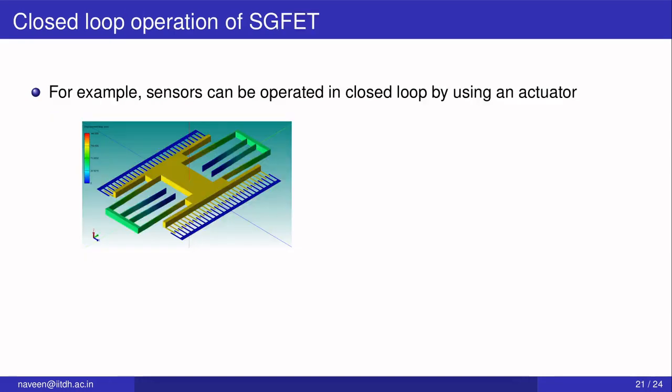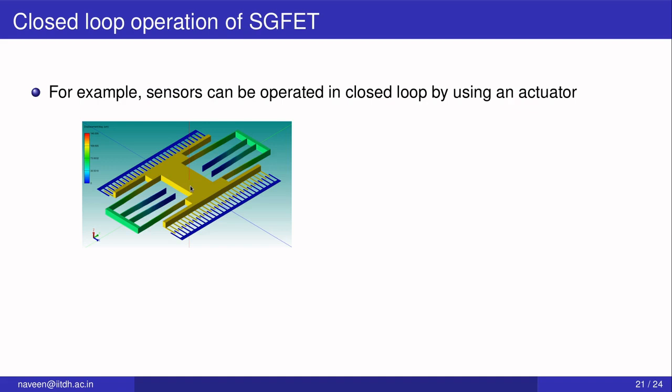So let's see, for example, one of the things that you can do with accelerometer sensors is put it in closed loop. This is the same structure which I had shown earlier, wherein you have this folded beam kind of structure with the proof mass and the gate under the proof mass. You can put it in a closed loop by using a comb actuator.